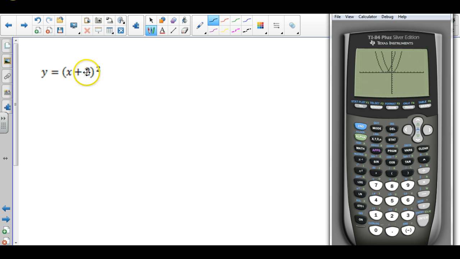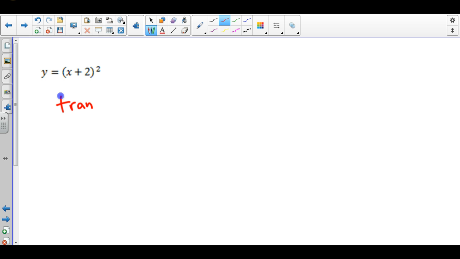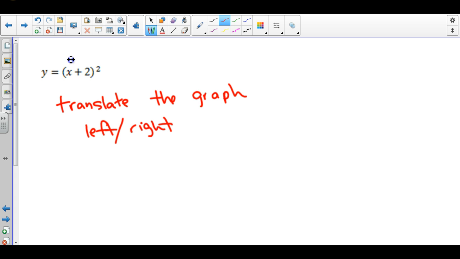So this is going to shift your h value, or it's going to translate the graph left or right, however many units this is. So again, since it was in the form x minus h, that's why the shift is to the left.